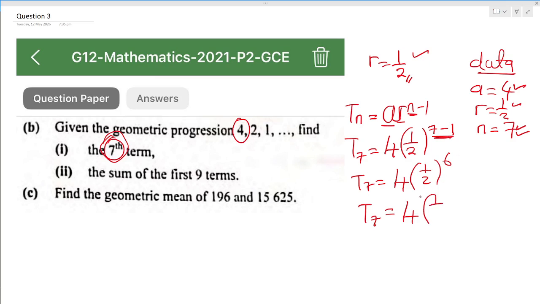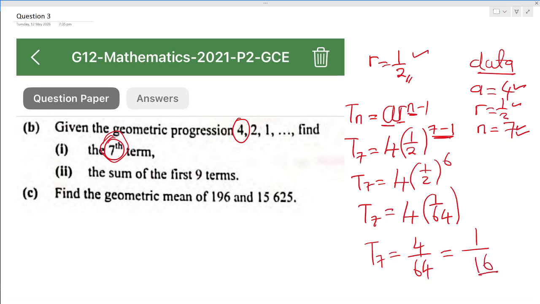Okay, what is 2 to the power 6? Punch 2 to the power 6 gives me 64. Okay, and then at this point we're going to say T7 is going to be equal to, so this is the same as 4 times 1 giving us a 4 over 64. And then when we simplify that, we're going to get 1 over 4 into 64 goes there how many times? 16 times.